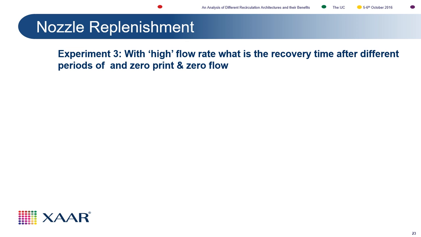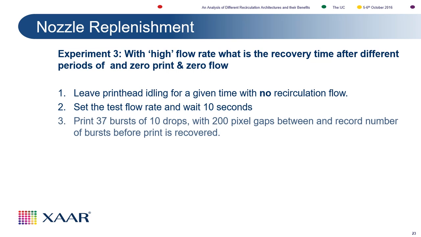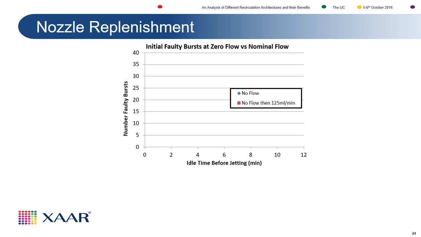In this experiment, leave the printhead idling with no recirculation flow, set the test flow rate for 10 seconds, and then print a burst of 10 drops with a gap, and count how many are affected from that idling period. Results are fairly similar. We compared two conditions, one with no flow, so you don't restart it with flow, and the second one with the high flow rate that we've discussed, about 125 millimeters a second.